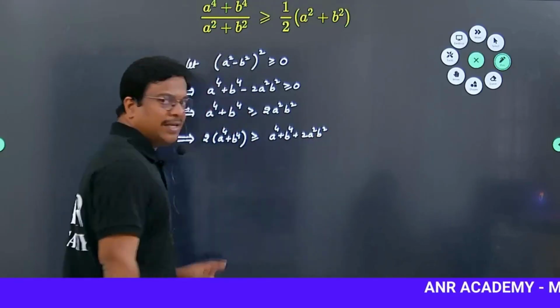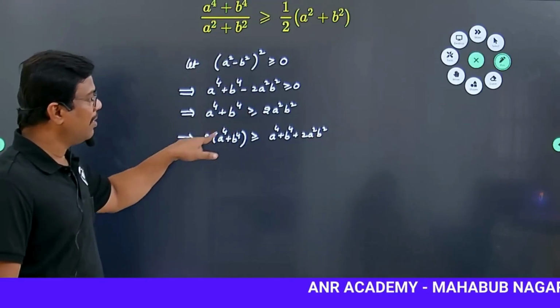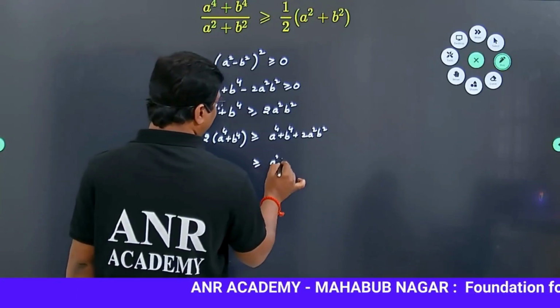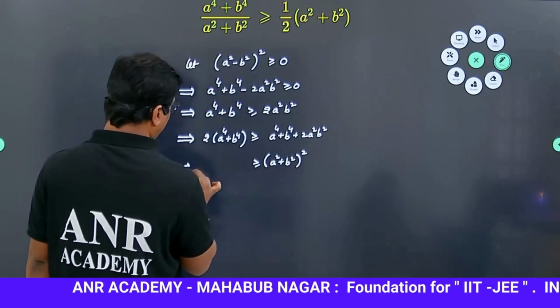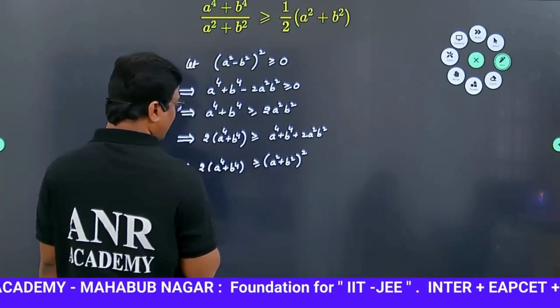Just added a⁴ plus b⁴ on both the sides. So it becomes double, and the right hand side can be written as a perfect square, that is (a² + b²) whole square. This is 2 times of (a⁴ + b⁴).